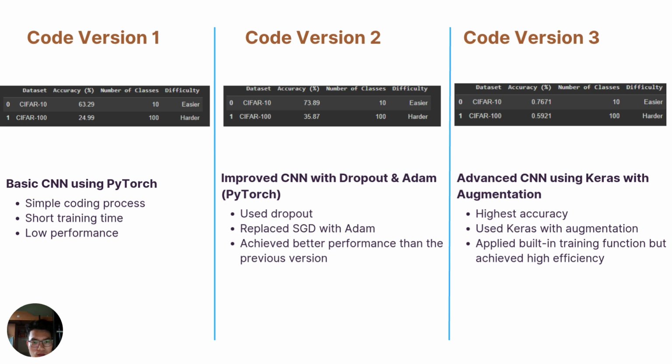Even though I used the built-in training function available in the Keras framework, it can help me save time while building the code, and it can still get high efficiency. Especially CIFAR-100 in version 3 with approximately 60% accuracy.